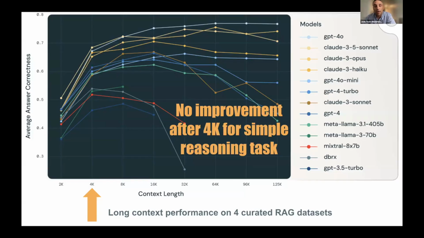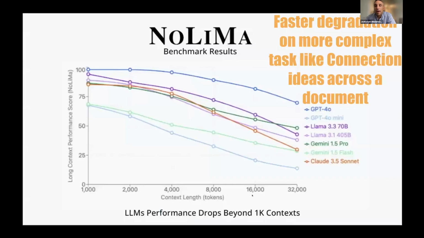As we increase the context to 4K, the accuracy improves and then flattens out or decreases, as we get to a more complicated task, like a RAG retrieval type of scenario. And with even more complex tasks, like reasoning across different ideas across a document, we see diminishing returns and diminishing accuracy at around 1000K tokens.